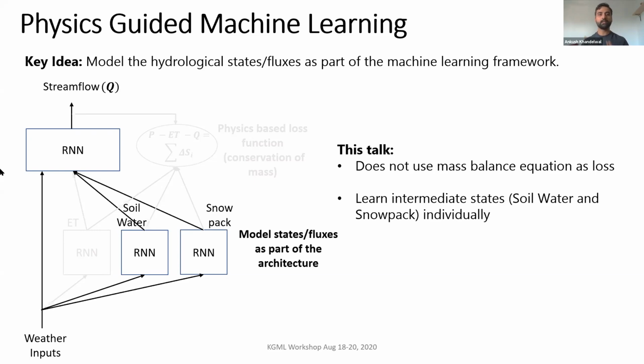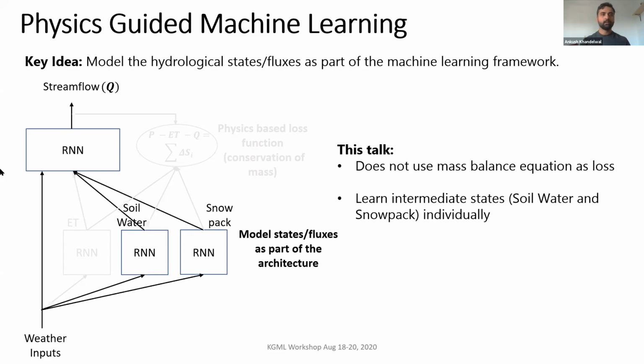So in some sense, instead of learning them simultaneously, we're learning them separately and seeing how adding these modules will impact our results. The reason we focused only on soil water and snowpack is that these are the storage variables, and we wanted to understand their value in improving performance.